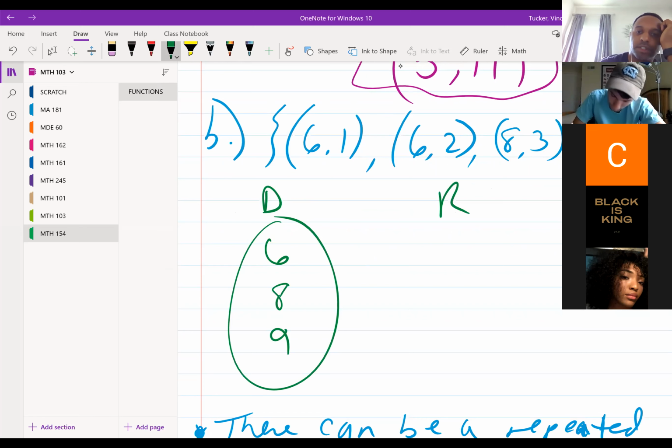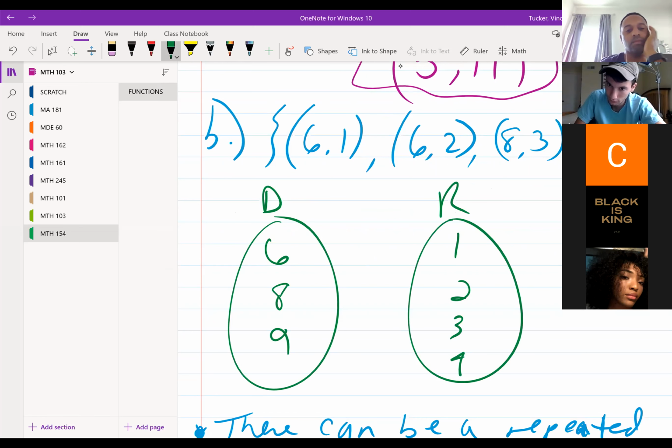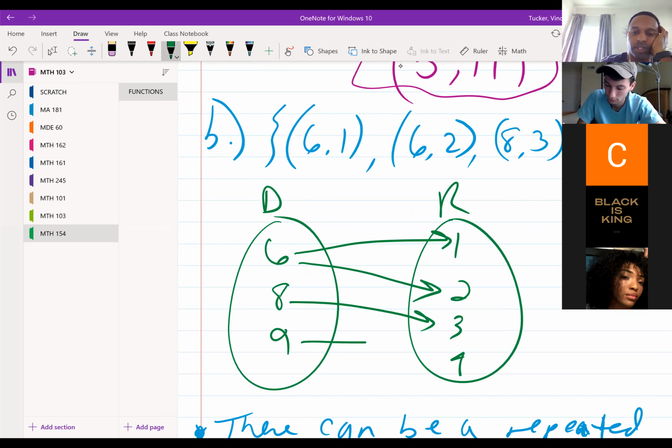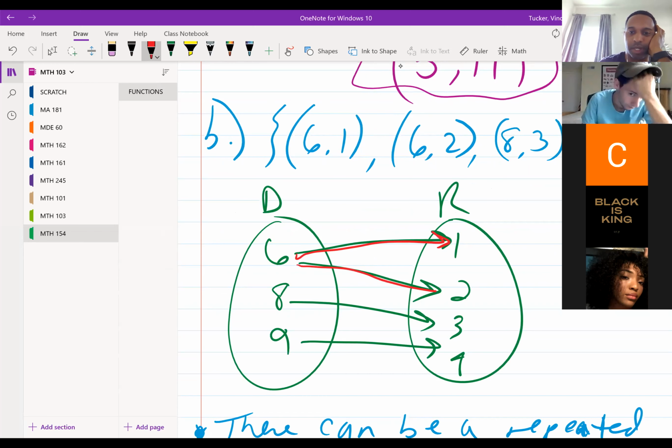My range is now 1, 2, 3, 4. Now when I look at my mapping, 6 goes to 1 and 6 goes to 2. 8 goes to 3, 9 goes to 4. So now because 6 is in your domain and it goes to 2 different values, that means it's not a function.